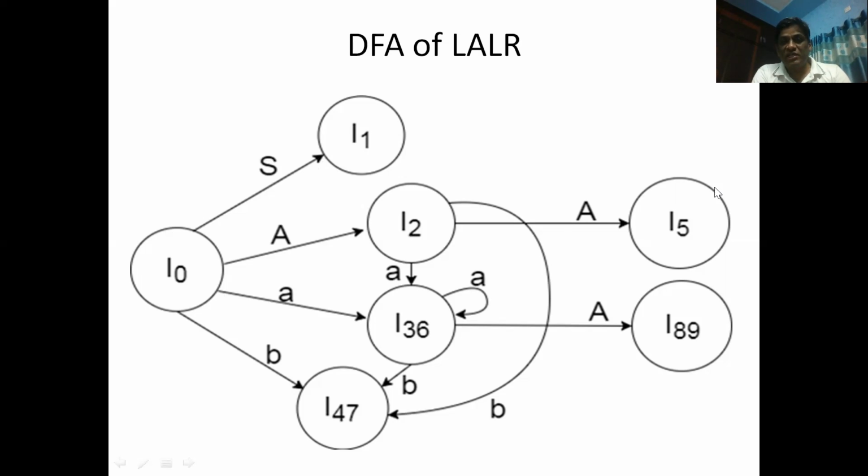And if any state contains an end of dot, that is if you do not have any symbol after dot, then it corresponds to reduce operation. Okay, so you need to identify the same set. So here the productions are not written. If you write the productions here, then you will get the idea about what the reduce operations are.